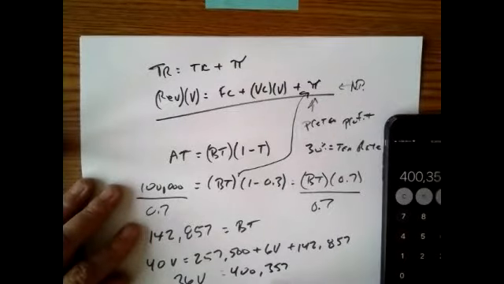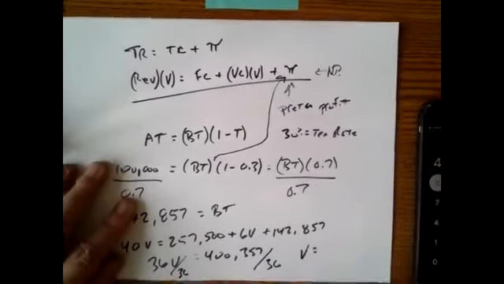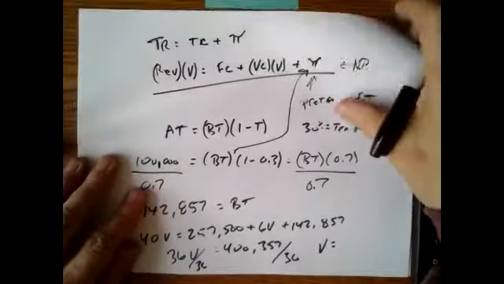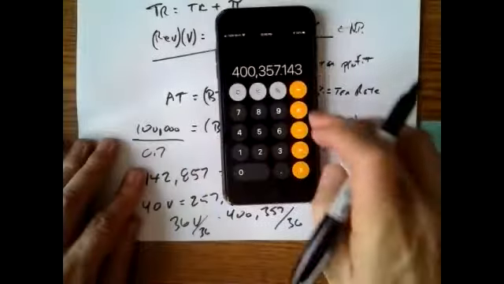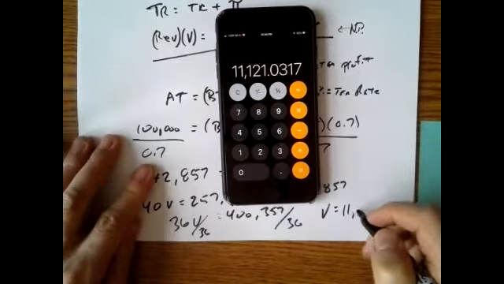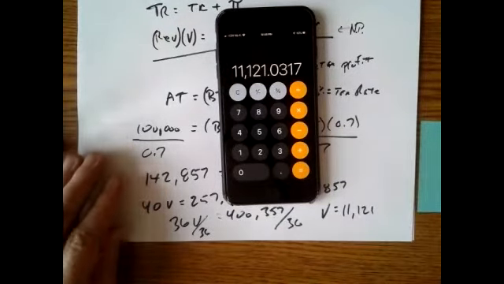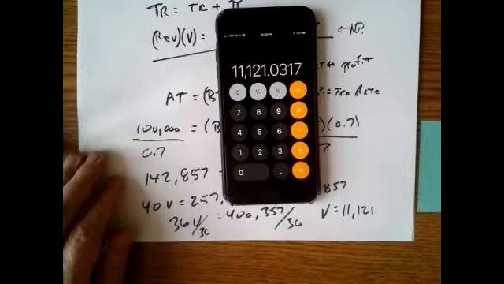I'm just going to divide both sides by 36, and we get V equal to 11,121. So the break-even volume is 11,121.